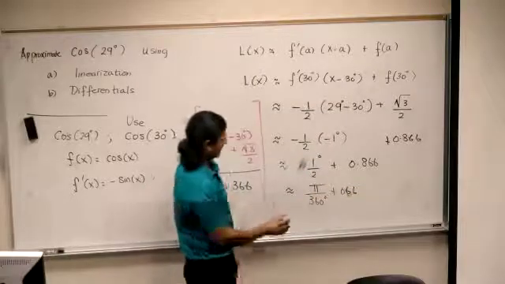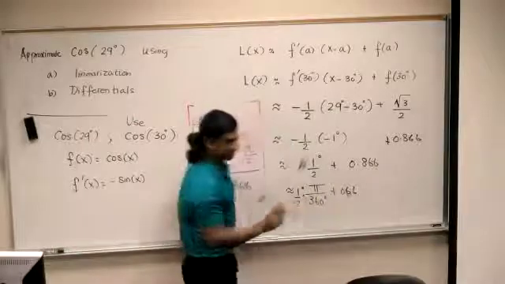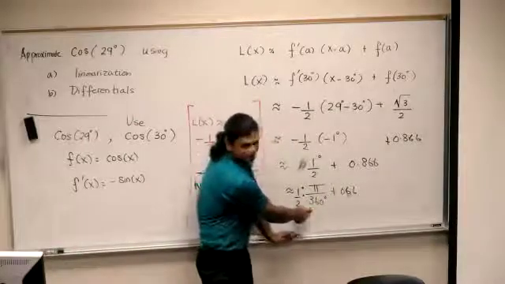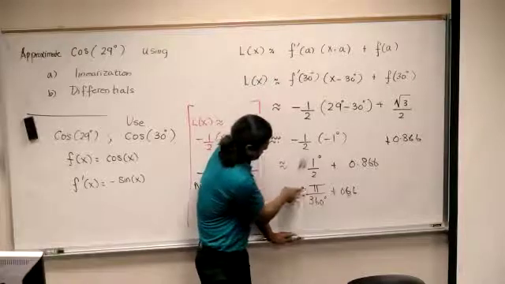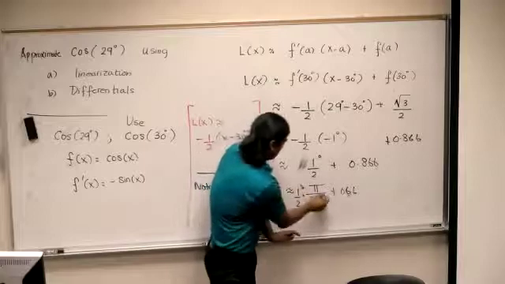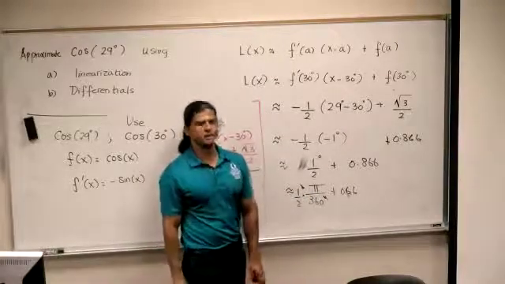So 1/2 degree times pi over 180 gives pi over 360. Okay, gotcha. So that would be pi over 720.